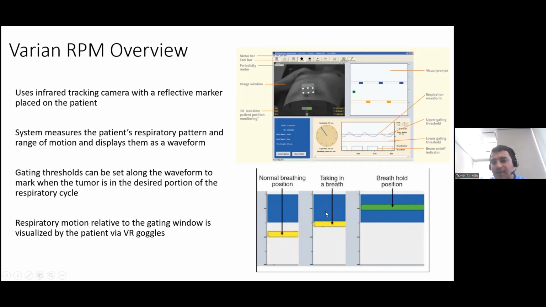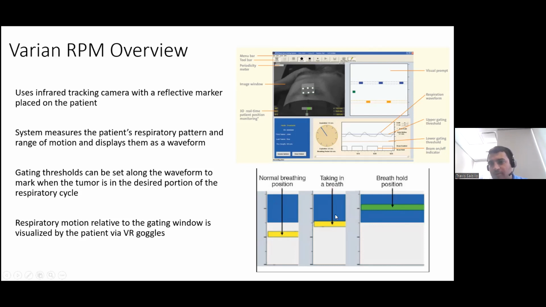But what we do is we gate now. And interestingly enough, when we bin our simulation CT, we bin it based on phase, but here we're actually gating based off amplitude. So when that box gets to a certain level, we'll gate the beam. So this is what we use to define our breath hold during the simulation.